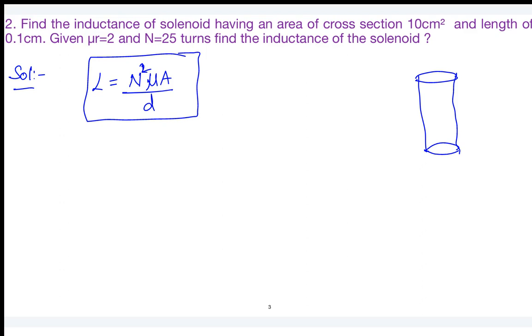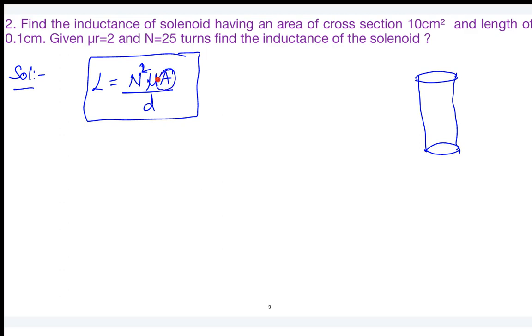All the values are given, so you can substitute all the values and post the answers in the message box. And one more thing, do you remember what this area represents?